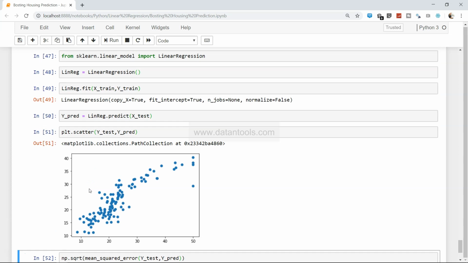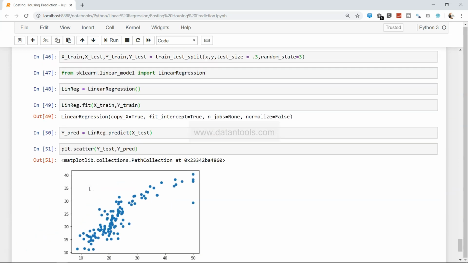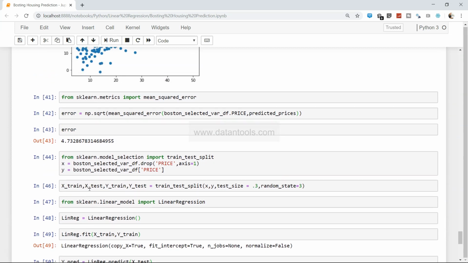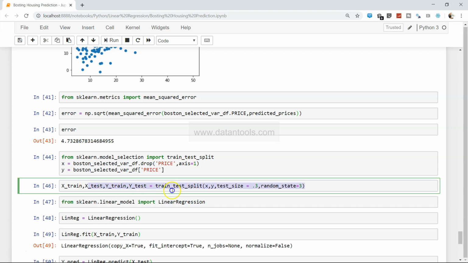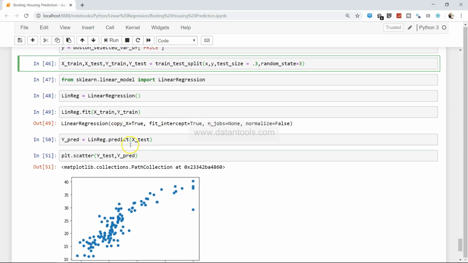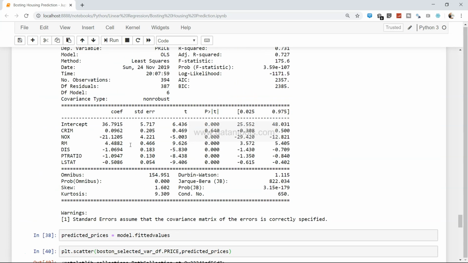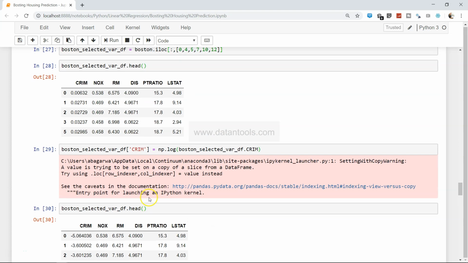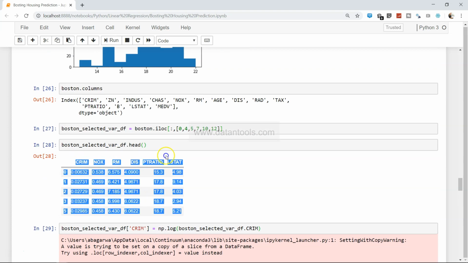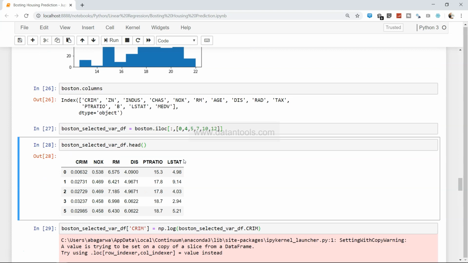So as you can see, you can employ these different techniques, like the linear regression that we have chosen specifically because we split the data set into train and test, and we wanted to see how the model is performing on unseen data. But right now I have just chosen specific columns for the purpose of this demonstration.